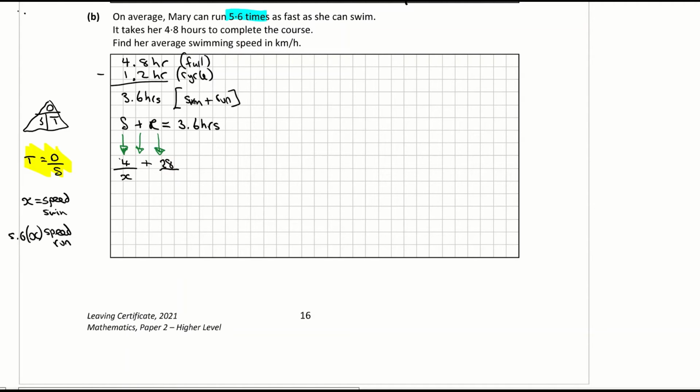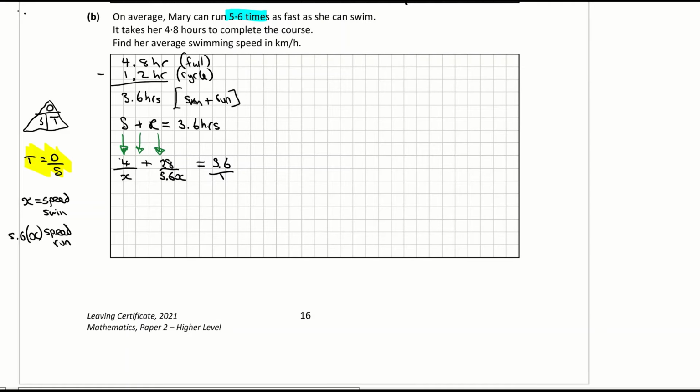So I'm going to change this to 28 over 5.6x, and that is going to equal my total time for the swim and the run, which is 3.6 hours. Now you can see that I have an equation with two fractions in it, and I'm going to put that 3.6 over 1 to make three fractions.